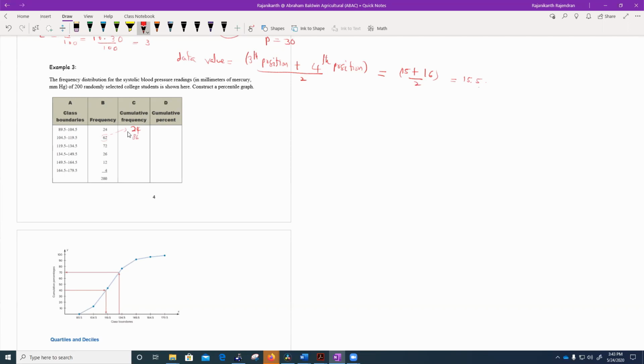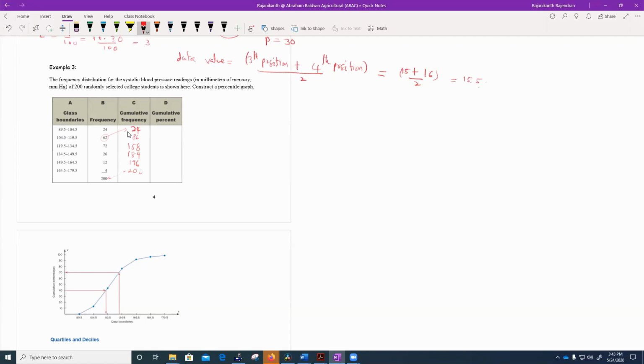To get the third one, you add 86 and 72, which is 158, and so on, right? The next one, 158 plus 26, is 184. Then 184 plus 12 is 196, and 196 plus 4 is 200. Remember, if you do it correctly, the last number should match your total frequency. Okay, these are my cumulative frequency values.